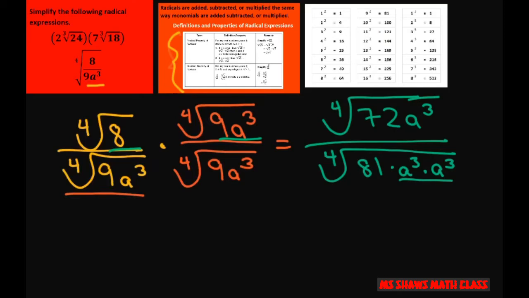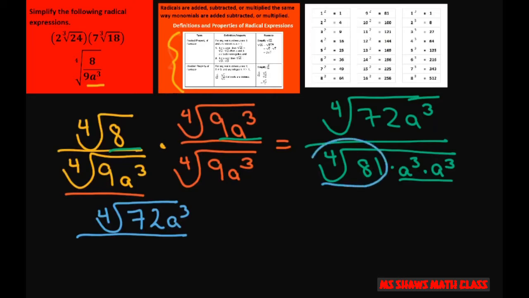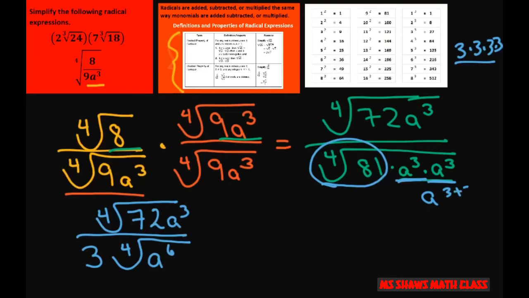So we're going to rewrite this as 4th root of 72a cubed divided by, we can break this down. The 4th root of 81 is 3, because 3 times 3 times 3 times 3 is 81. So I can bring out the 3, and I have the 4th root of a to the 6th. We have 3 here, 3 here, so that's a to the 3 plus 3.